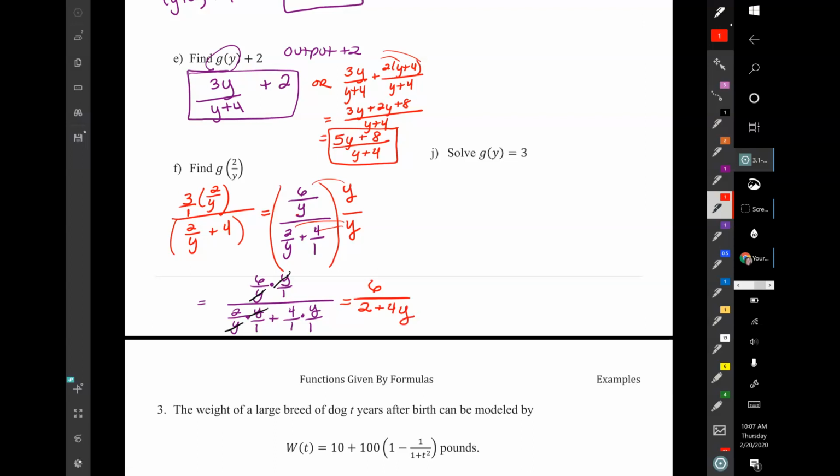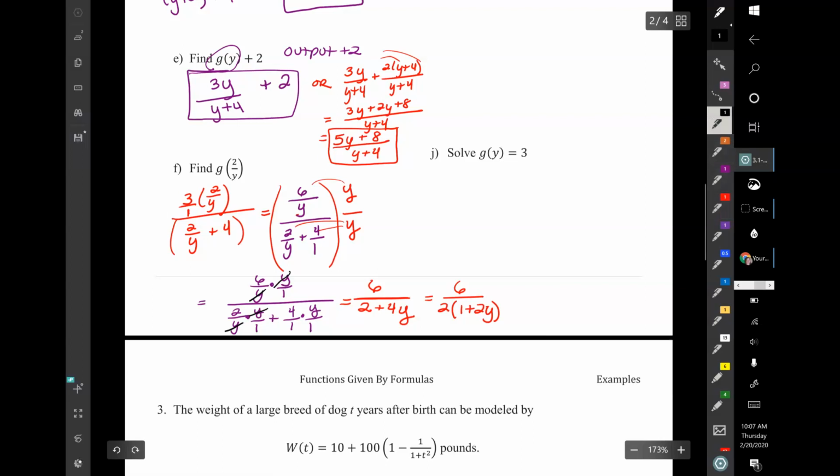Now on this one, I can see I do have some things that I could factor out. So I'm going to go ahead and leave the 6, and I'm going to factor out a 2. And then I end up with 1 plus 2y as a binomial.